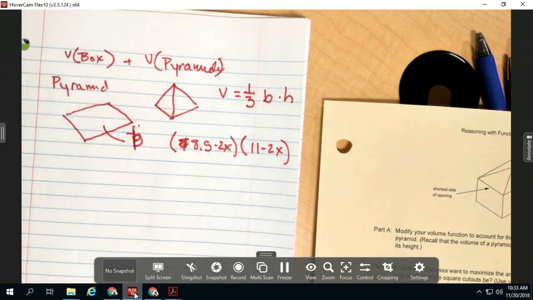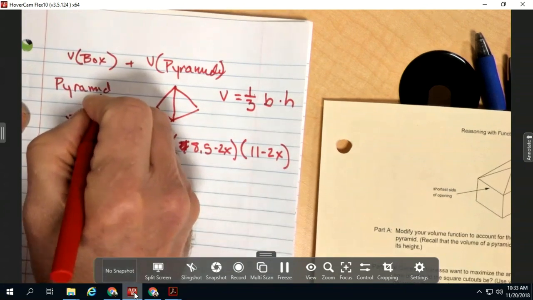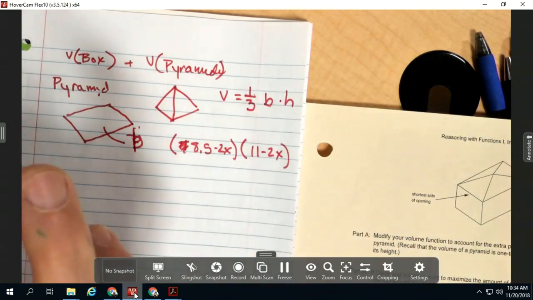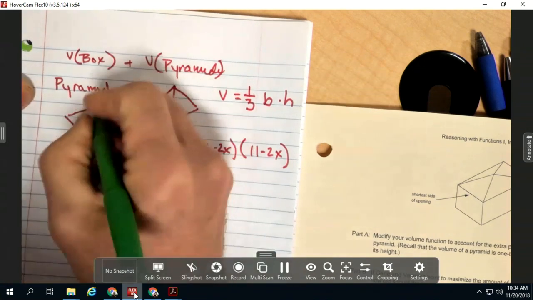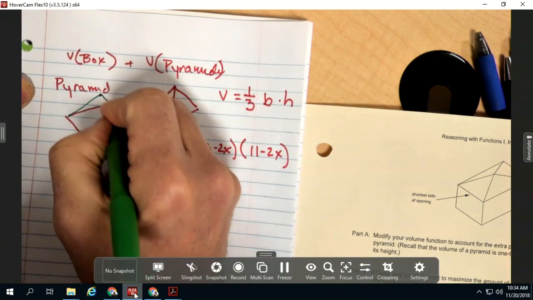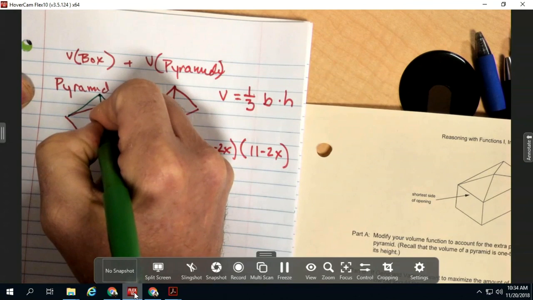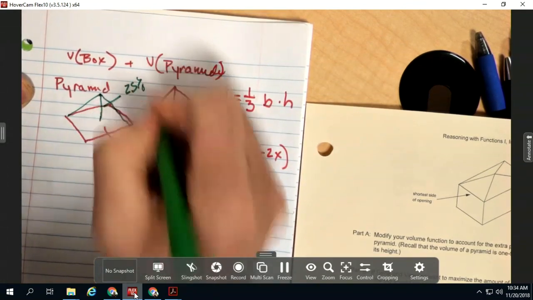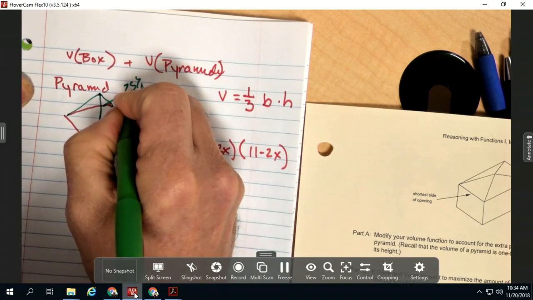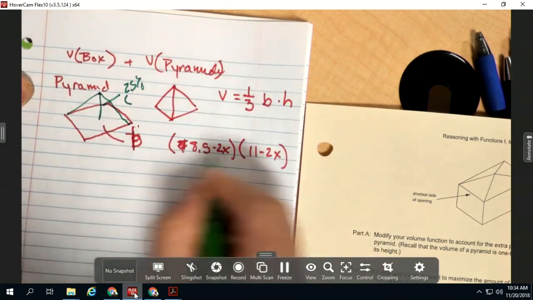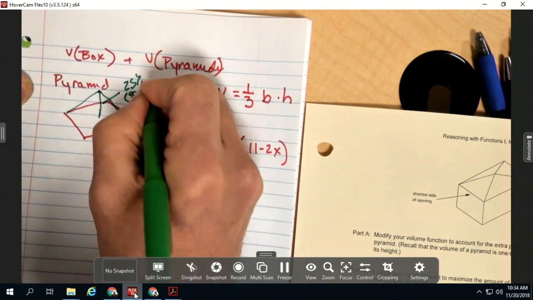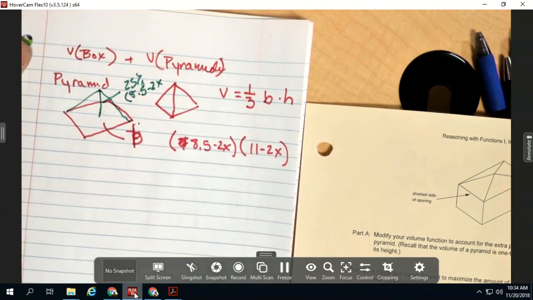Everybody agree that's the base? And then it says the height here is 25% of the shortest side. And the shortest side is 8.5 minus 2x, right?